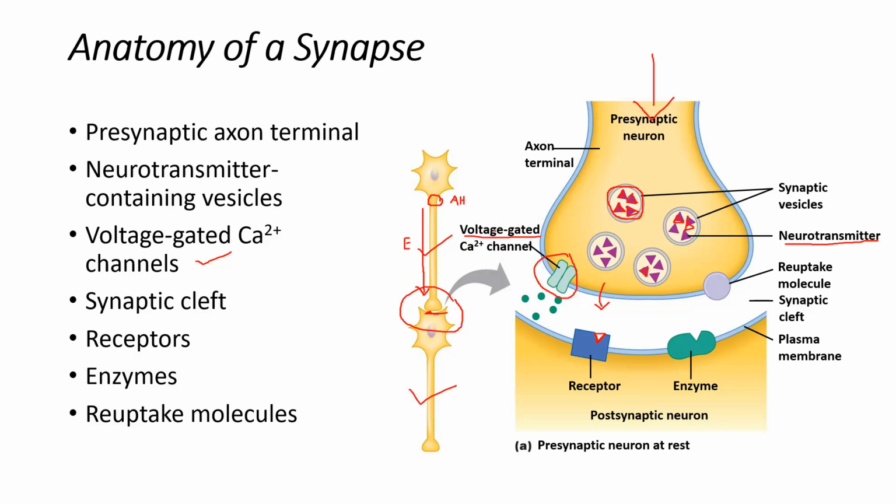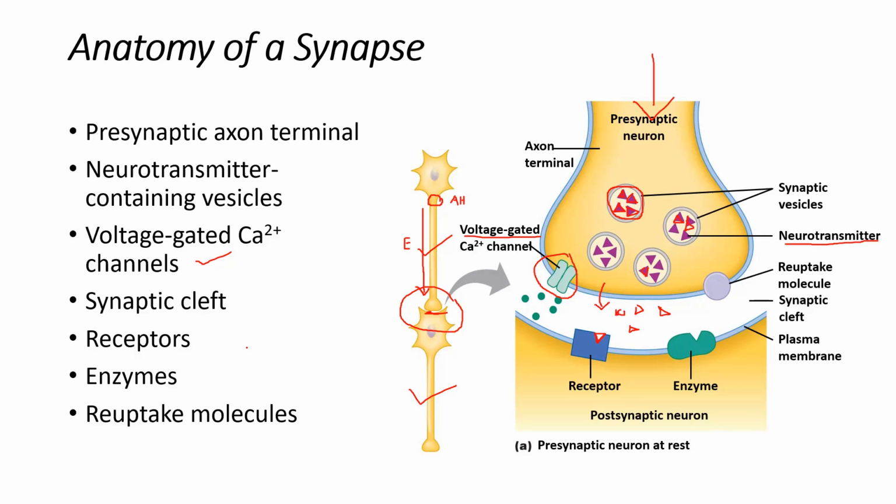We know this. We know that an action potential, by definition, is a change in the membrane potential, which increases it up to positive 30. That in and of itself opens up calcium channels so that calcium can trigger the release of these neurochemicals or neurotransmitters, and they can be dumped into the synaptic cleft.